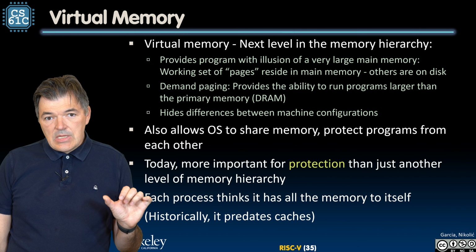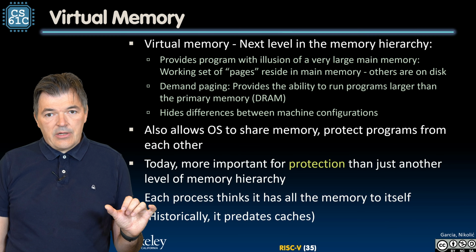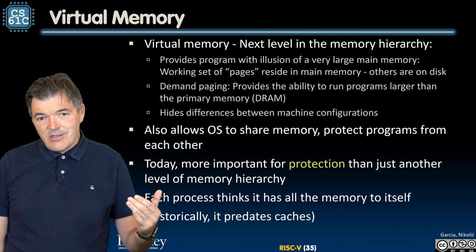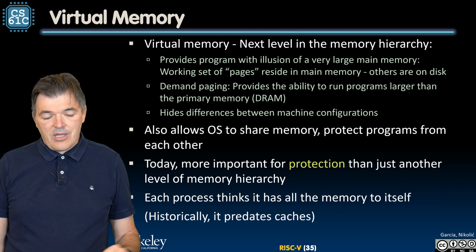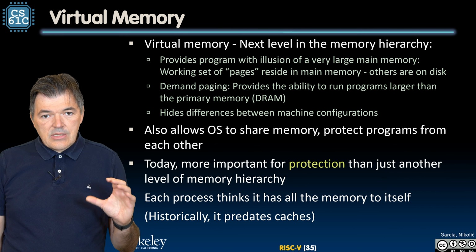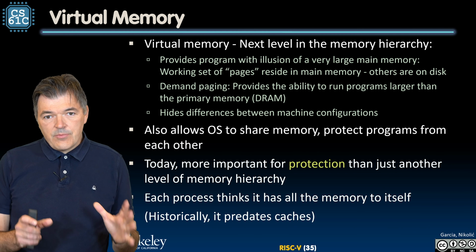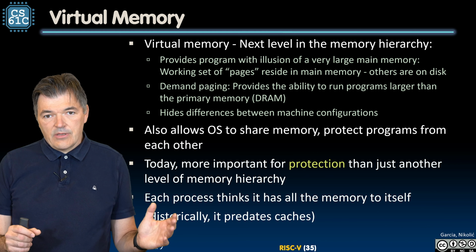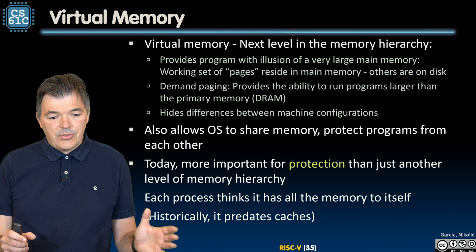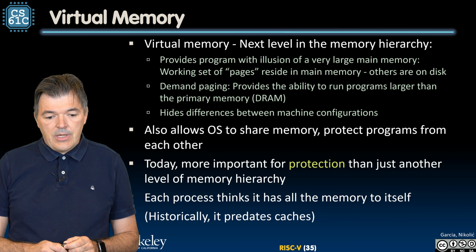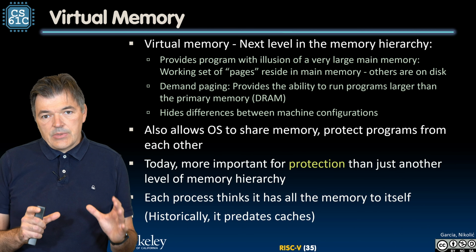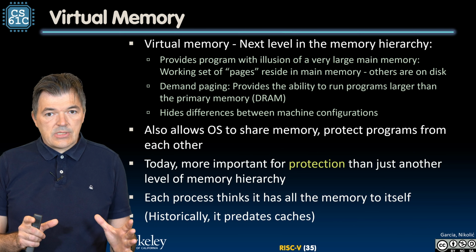So virtual memory is the next level in the memory hierarchy. It is something in the memory hierarchy that is beyond our caches. It is there to provide every process and every program an illusion that it has a very large memory available to itself at any time. It is organized around the concept of pages.